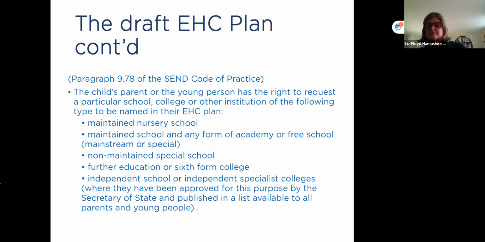The SEN team would have to organise the transport, whereas if you'd chosen a Hampshire school, then that school would contact the transport team directly. But if your school is in Surrey, then the SEN team have to talk to the transport team via your Surrey school.